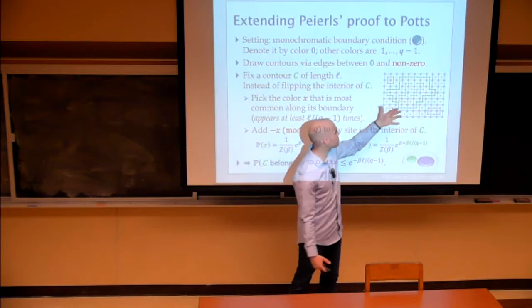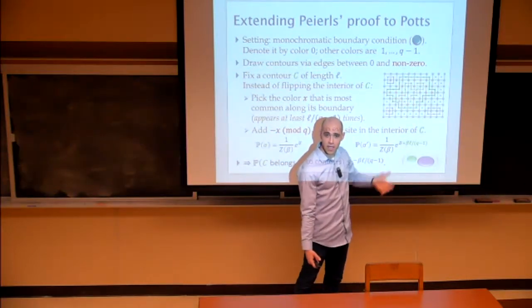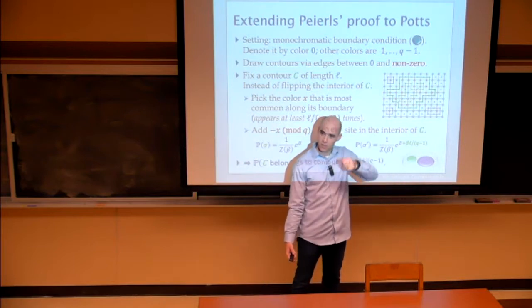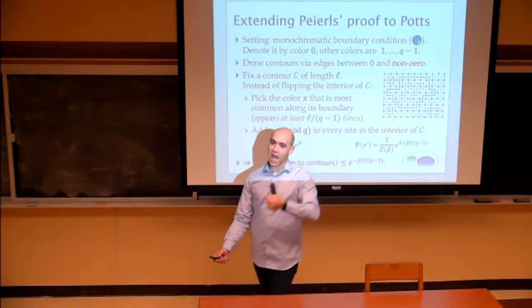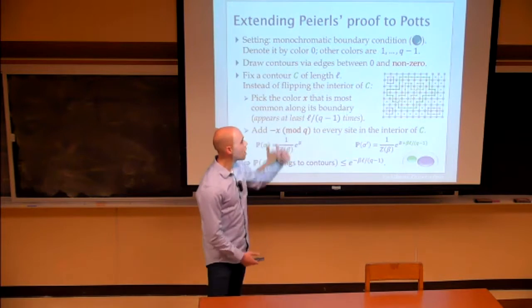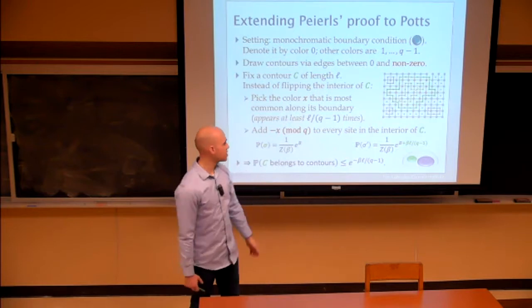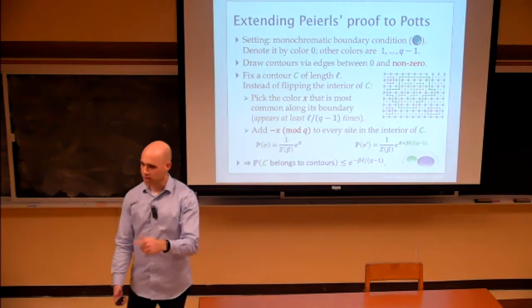For a configuration, you look at that configuration, and you look at the color that is the dominant one along the boundary, okay? And let's say you will make that one blue. So you can always go back, and then you will get a constant fraction out of L, and it will again work.